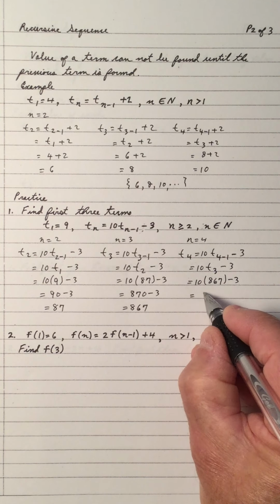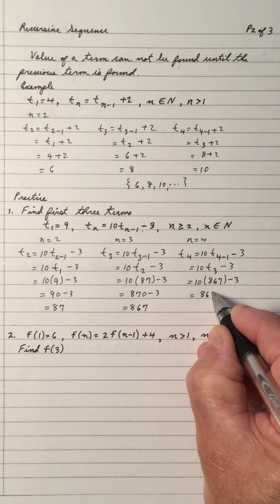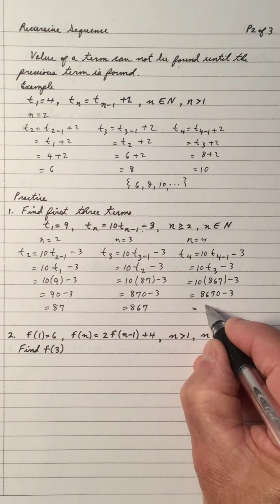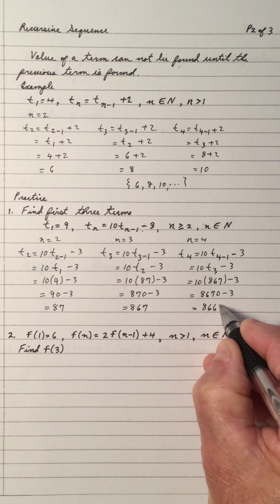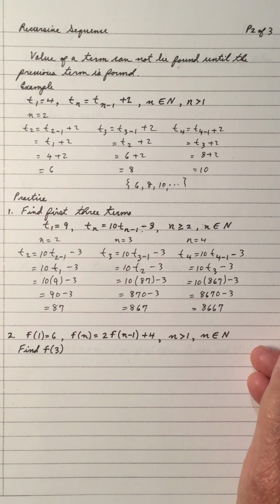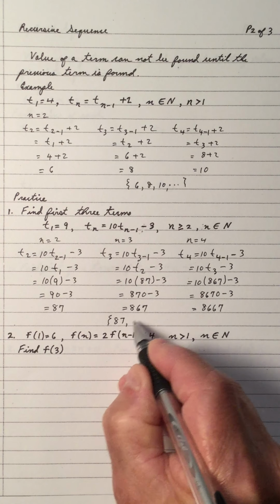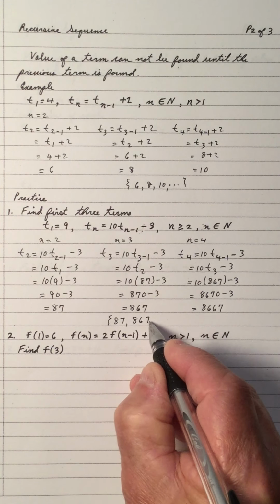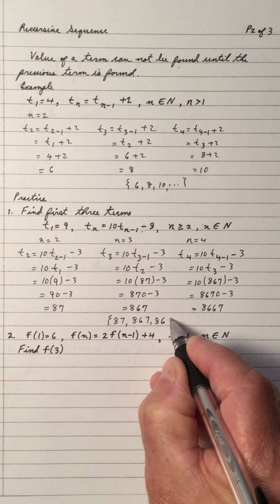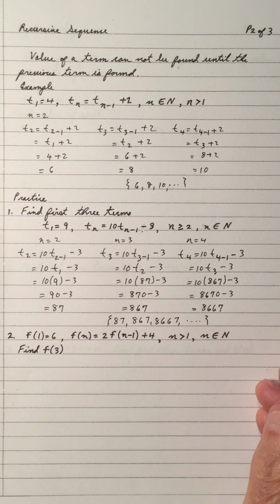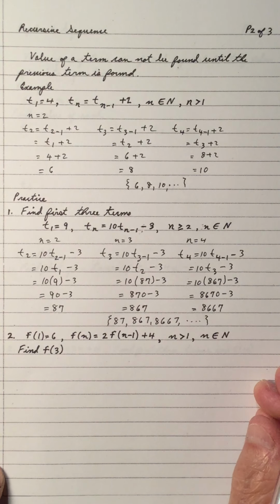PEMDAS, we multiply first: 8670. And subtract 3: 8667. And we can continue. So it's 87, 867, 8667, and we continue on. That's the sequence. But again, it's recursive.